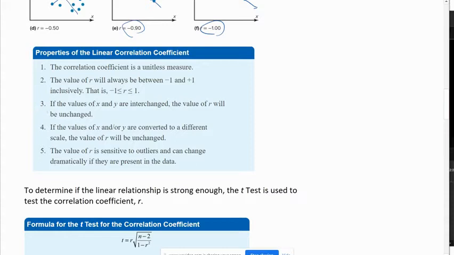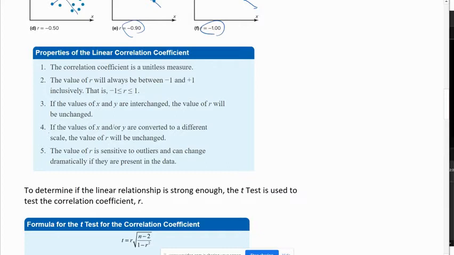If you put in data for list 1 and list 2, for example, and then you switch the x and the y, you switch list 1 and list 2, you would get the same correlation coefficient either way. So it doesn't matter what data you call your dependent variable and which one is your independent variable. Your correlation coefficient will be the same.